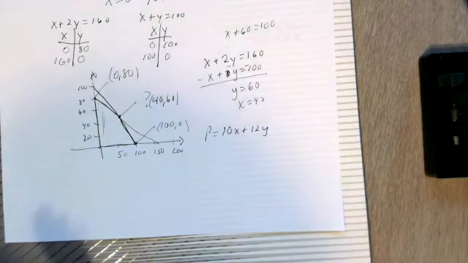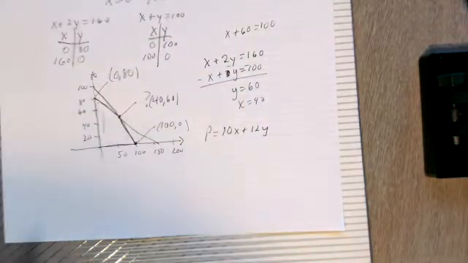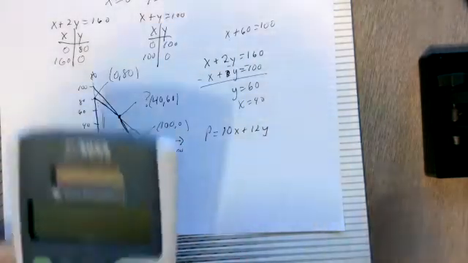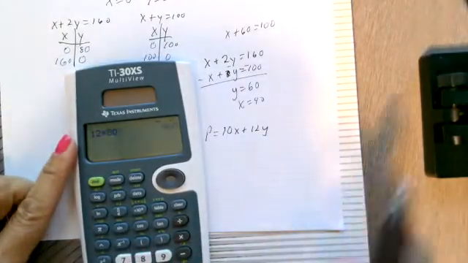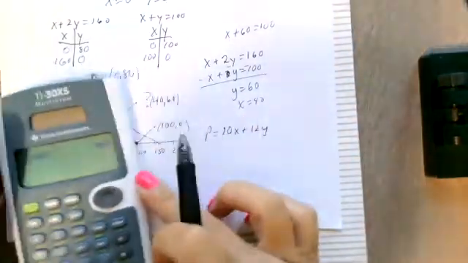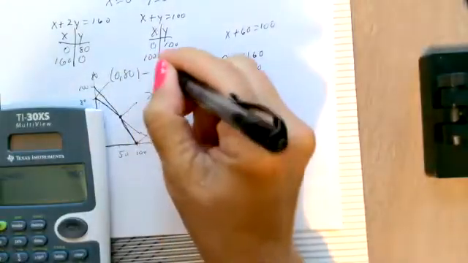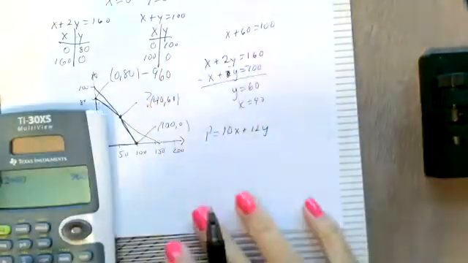Let's try 0, 80: 10 times 0 plus 12 times 80. So this point will get me $960 profit.